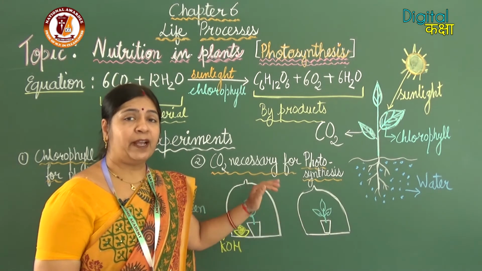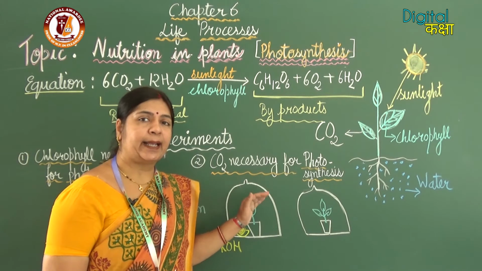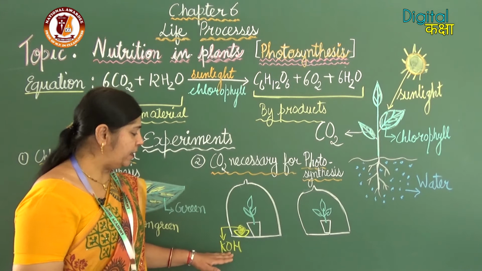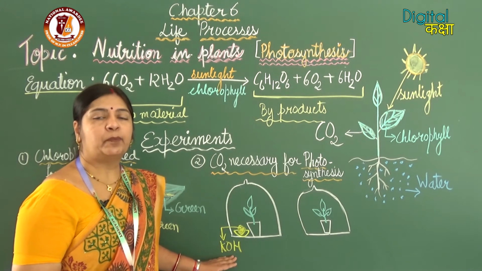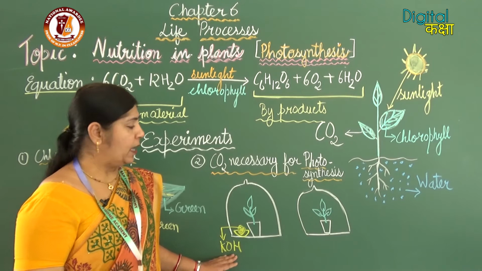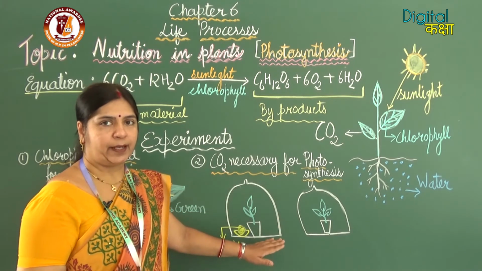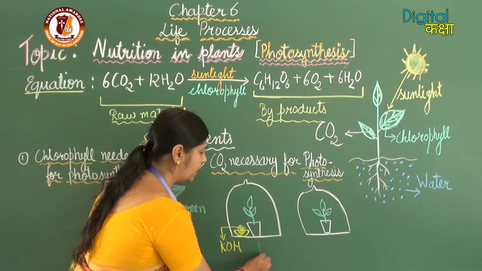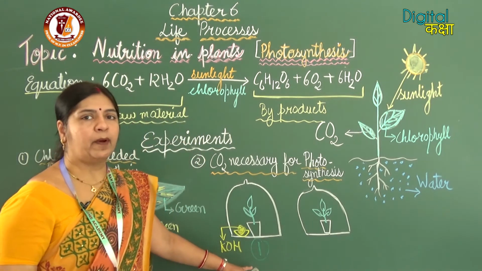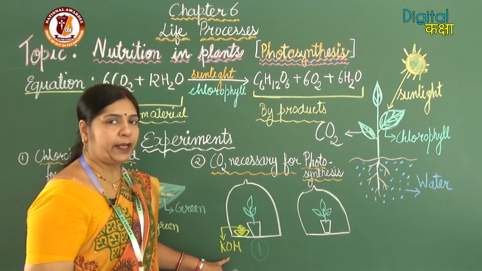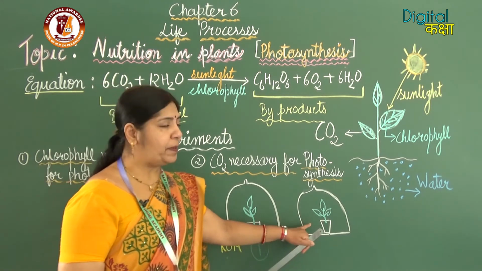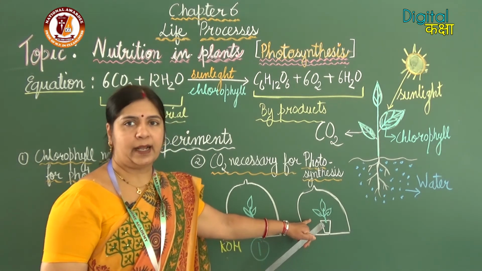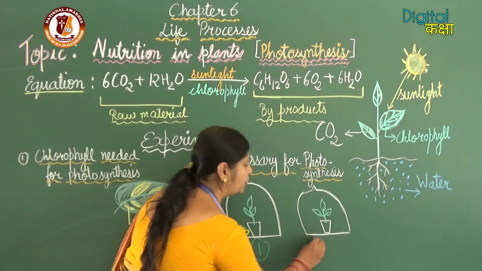When we keep the plants back in the sunlight, with 1 potted plant I will put KOH, that is potassium hydroxide, and then I will cover it with a bell jar. So the potted plant with the KOH is our plant number 1, and there is another plant which we are simply keeping with no KOH. So this is plant number 2.